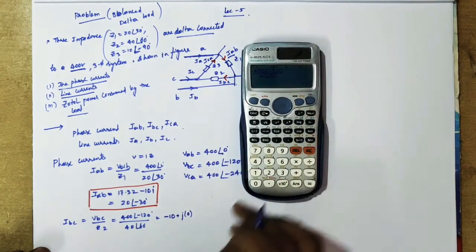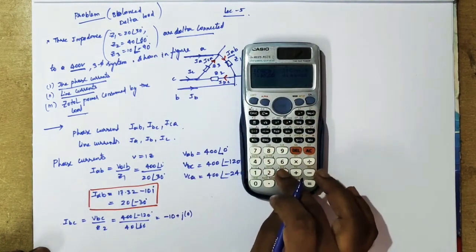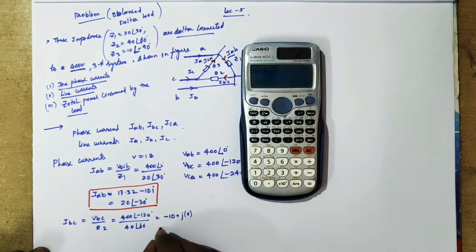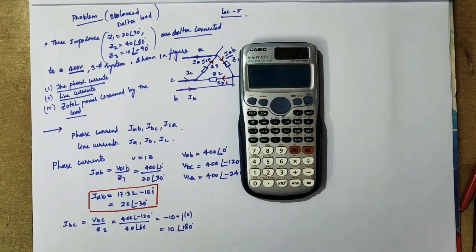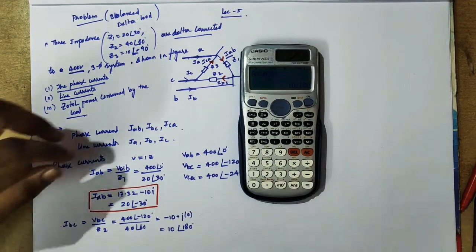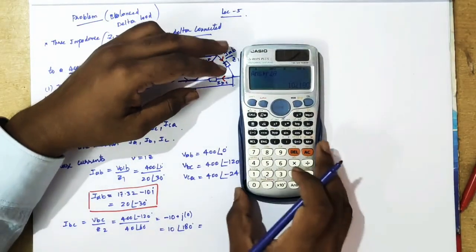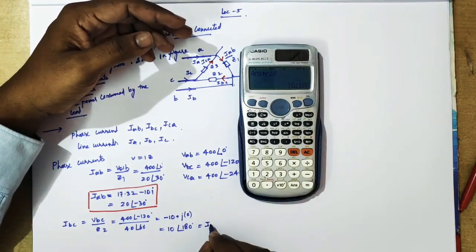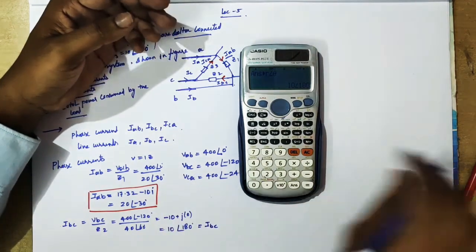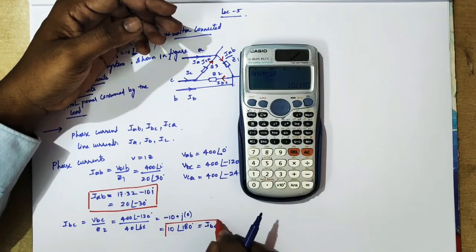Converting into polar form, you obtain 10 at an angle of 180 degrees. This is IBC, the phase current.